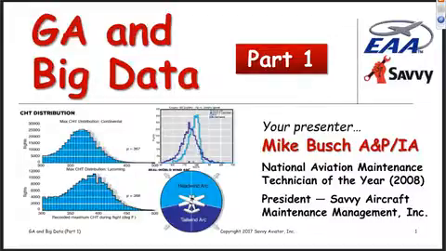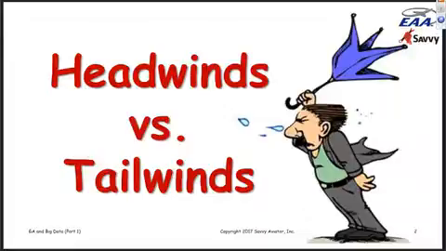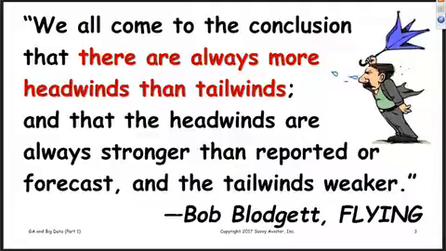The first thing I want to talk to you about is kind of more fun than anything else. It has to do with the subject of headwinds versus tailwinds. There was an editorial in Flying Magazine back in the 60s that was written by the then editor-in-chief of Flying Magazine, Bob Blodgett, who's long since left us, and he wrote something that I think most aviators have thought from one time to another.